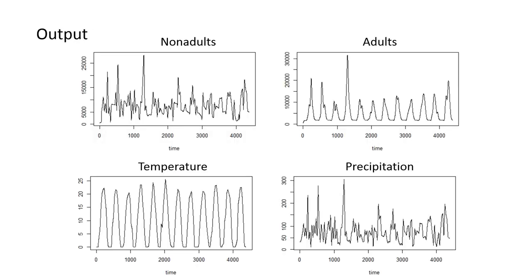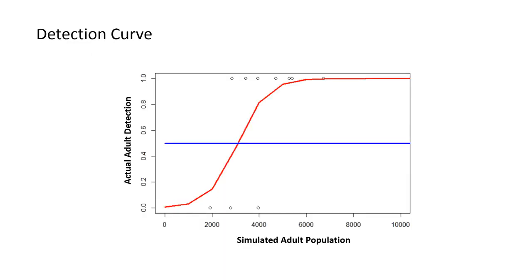So this is what the output looks like for a given county and a given species. You can see the number of adults and the number of non-adults changes with varying temperature and precipitation. So next what we do is we look at the simulated number of adults in a given county, and we compare that to the historical record.